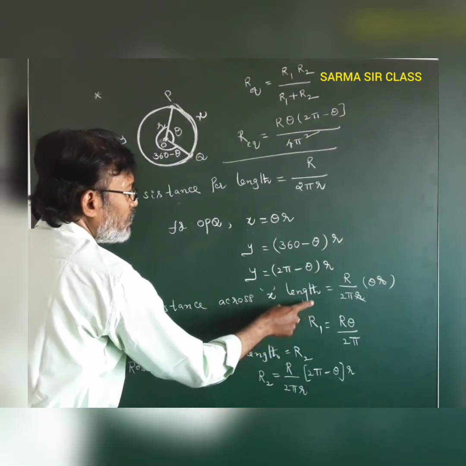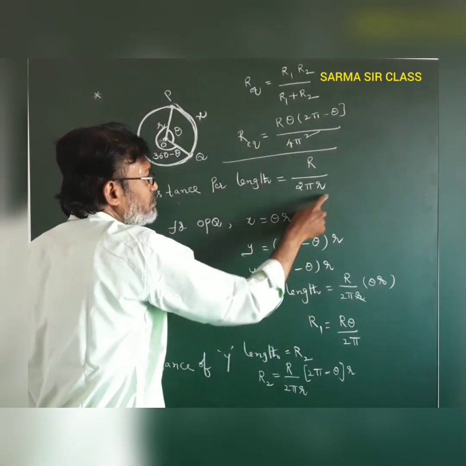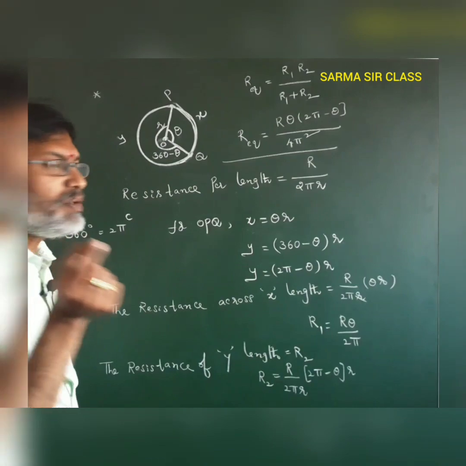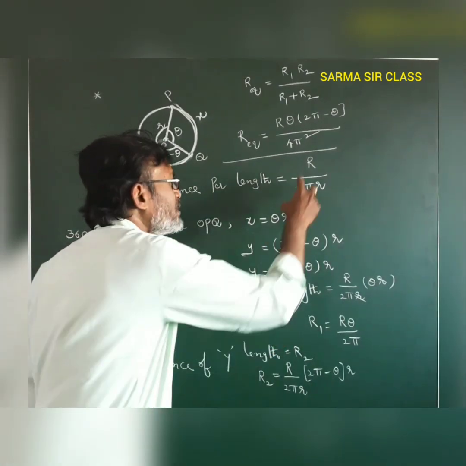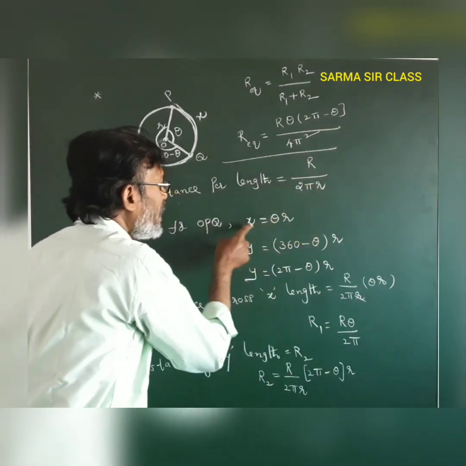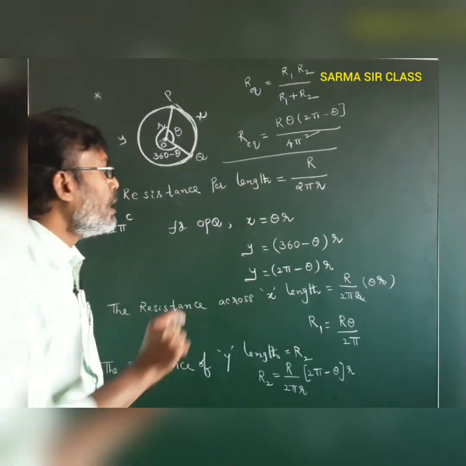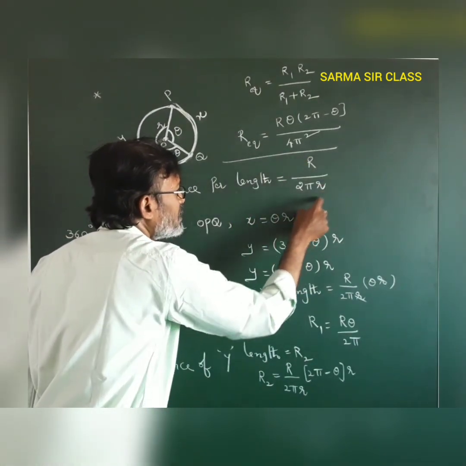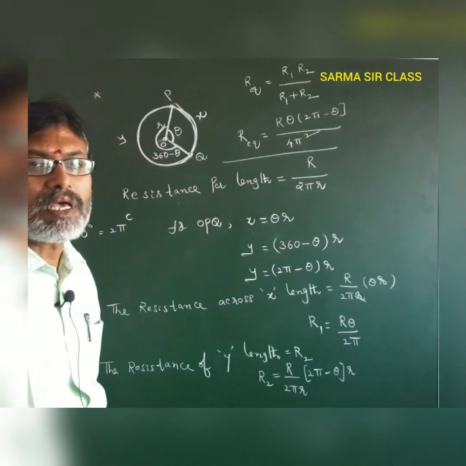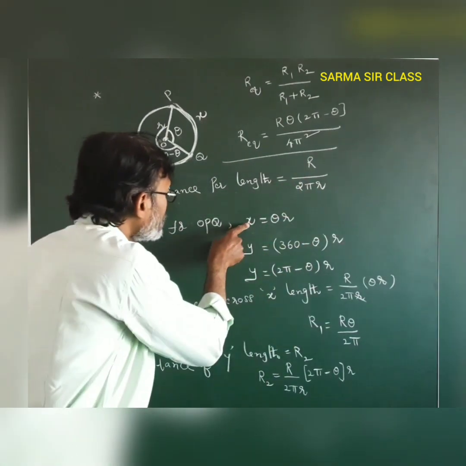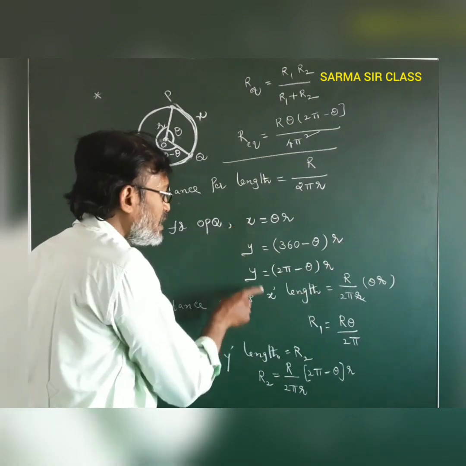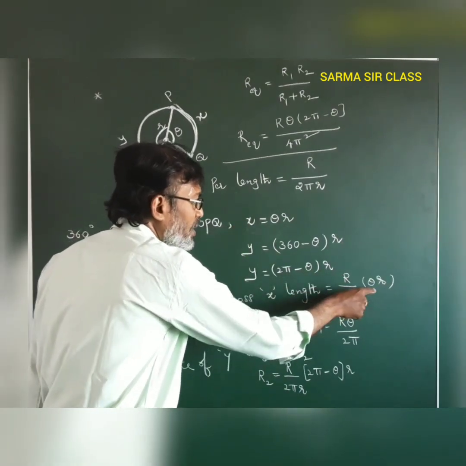So R1 is equal to resistance per unit length. Per centimeter this much resistance is present. Then x centimeter consists of how much resistance? Listen carefully. Per centimeter this much resistance is present, R by 2 pi r. Then x centimeter consists of R by 2 pi r into theta r.